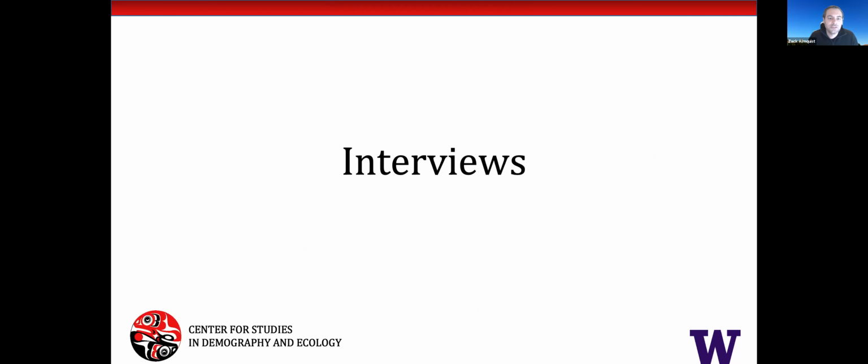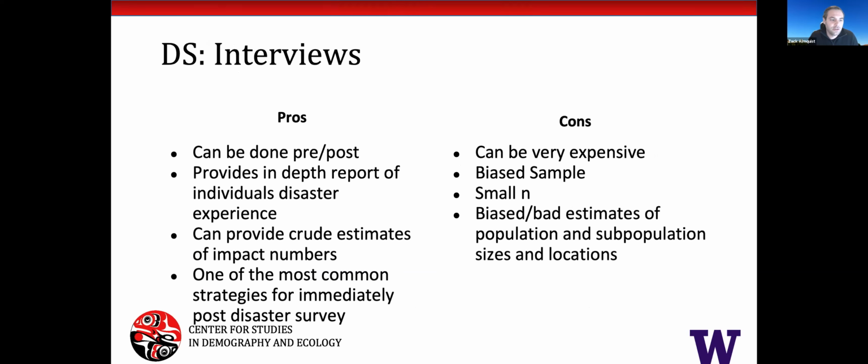All right, so first, just a reminder, many of you, I suspect, are familiar with interviews. Basic pros. If we know a disaster is going to occur, we can do pre and post. They provide in-depth report on the individual's disaster experience. Some of them have even been used for like crude impacts of impact numbers, especially things like deaths. And then one of the most common strategies for immediate post-disaster survey, right?